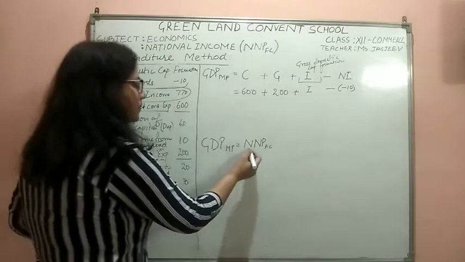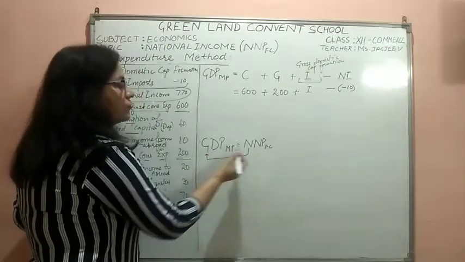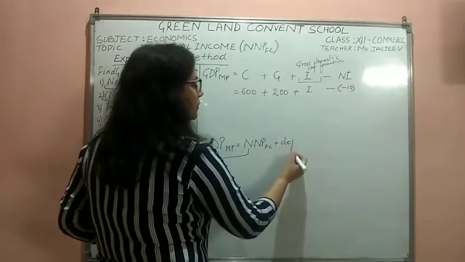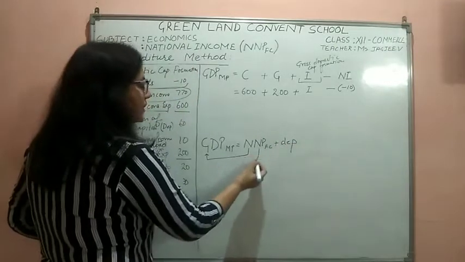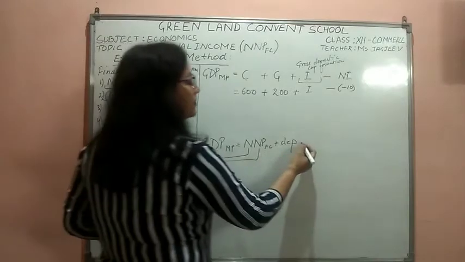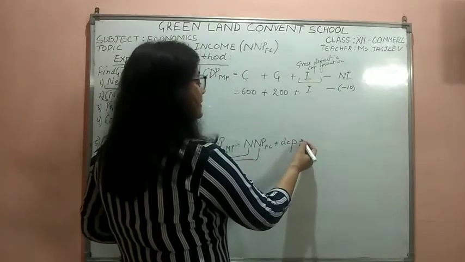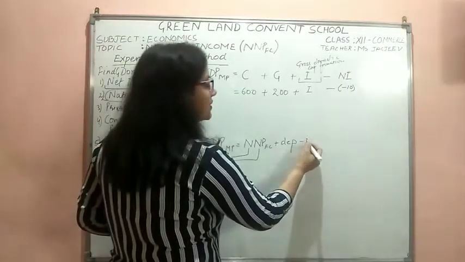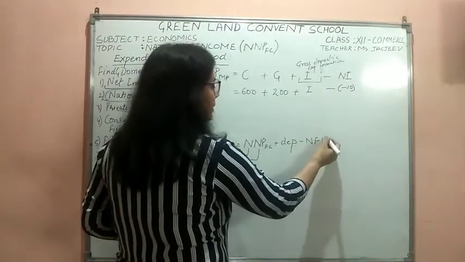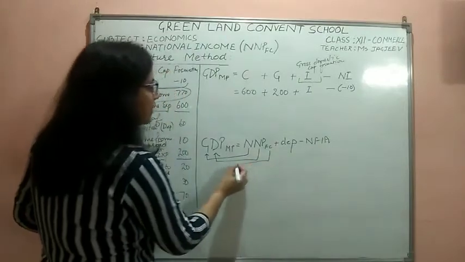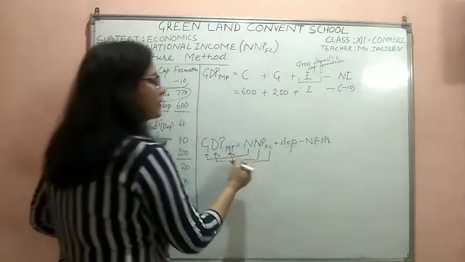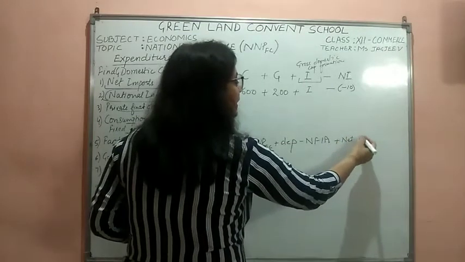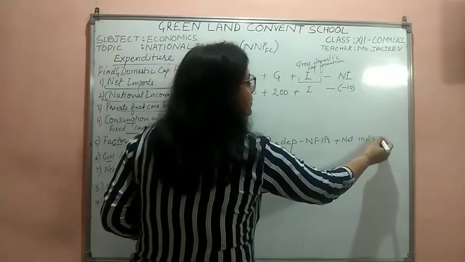Let's try the formula. If we have to go from net to gross, we have to add depreciation. If we have to go from national to domestic, we have to subtract NFI. And if we have to go from factor cost to market price, we have to add net indirect taxes.